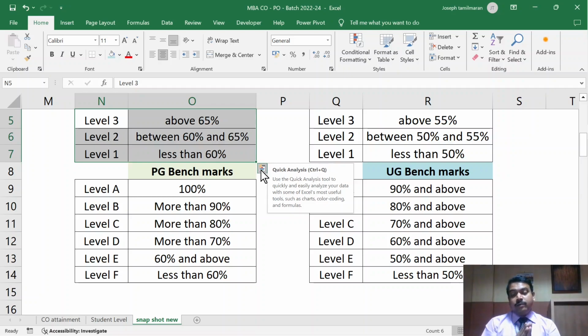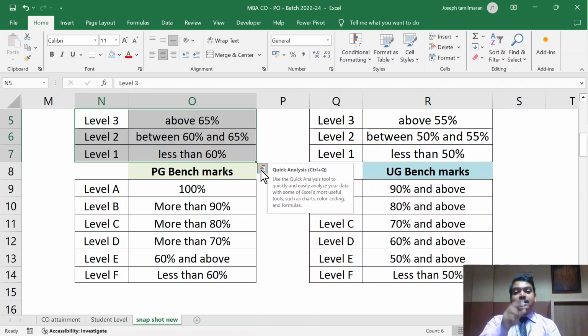In version 1, suppose program outcome 1 maps to courses 1 to 5, and program outcome 2 maps to courses 6 to 10. To look at the attainment of PO1, we took the average of the attainment in the first 5 courses. For PO2, we took the average of attainment of courses 6 to 10.